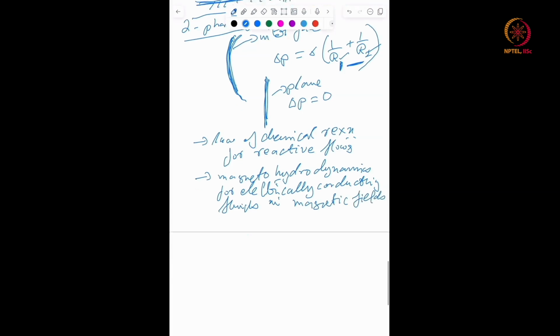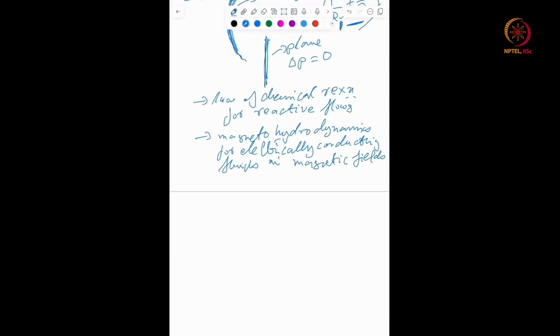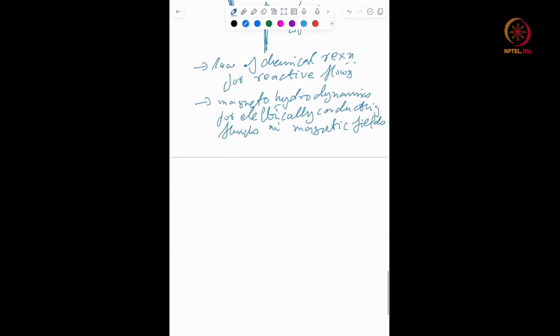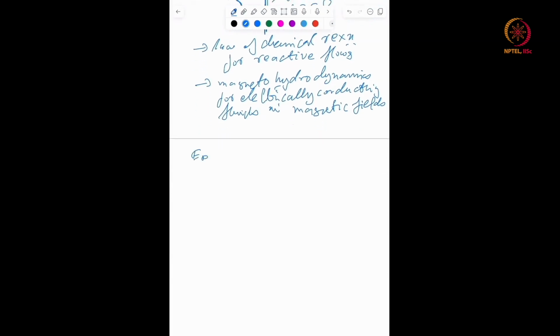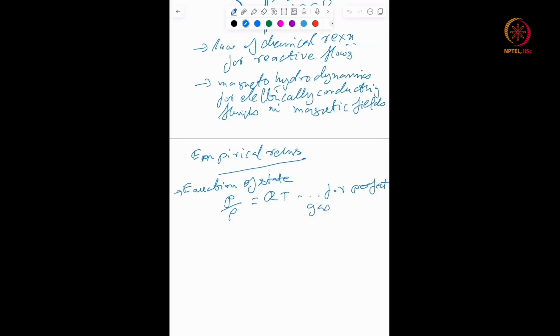All right. So among the common types of empirical relationships, there will be the equation of state. For example, for the perfect gas, this is P by rho is equal to RT. There can be other types also. Okay.